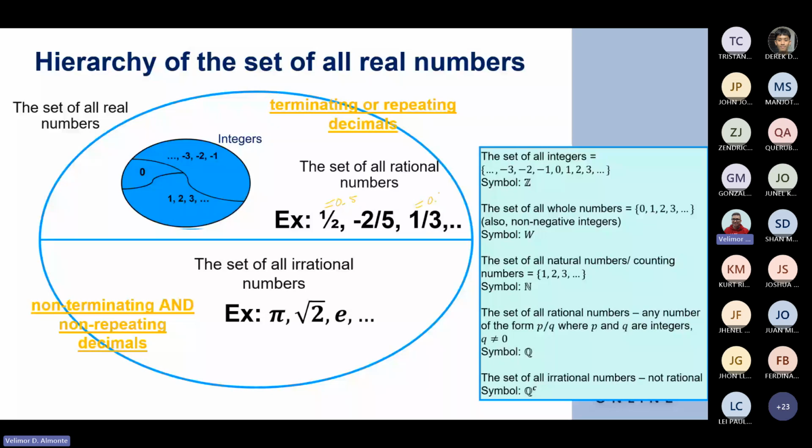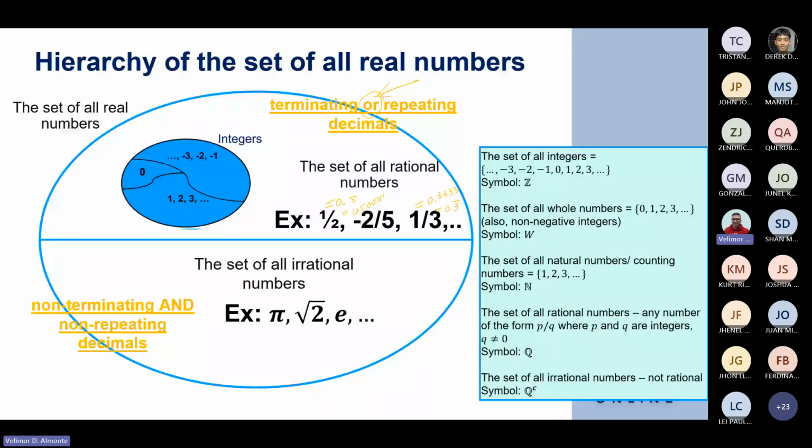We usually say 0.3 bar, with a bar above the portion that is repeating. 0.5 we can interpret as 0.5 with an infinite string of zeros afterwards. That is considered terminating. The logical connective is or. This is exclusive or, because there is no number that is both terminating and repeating at the same time, if you attended our logic class. Terminating or repeating.